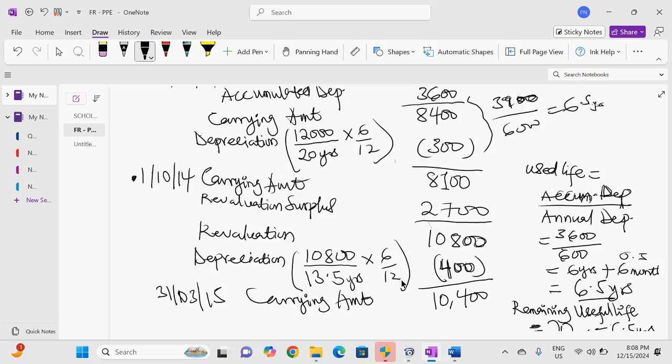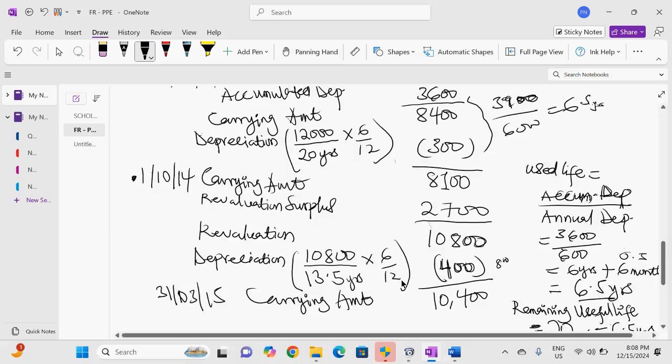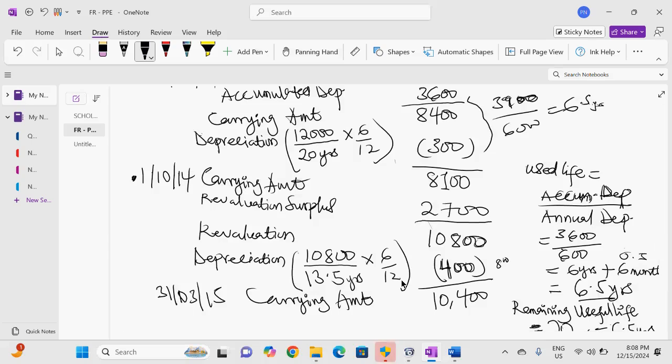This is also not the full year. What will be the full year's depreciation? 800. What will be the full year's depreciation for this one also? 600. Therefore, the excess depreciation is the difference, which is 200.